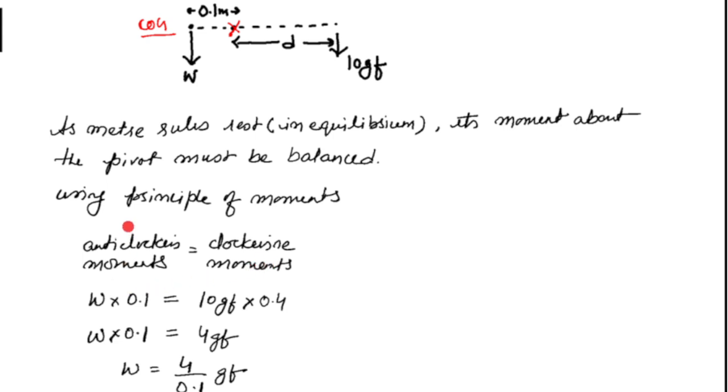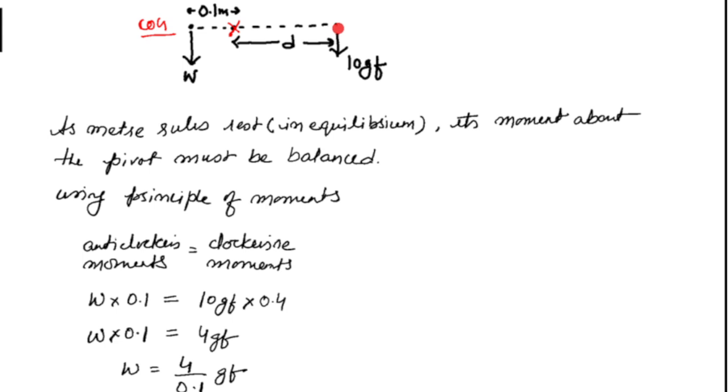So the anti-clockwise moment is W, the weight of the ruler, times 0.1, because the distance we have to take is from the pivot, which is the knife. It will be equal to the clockwise moment created by the 10 gram force, multiplied by 0.4.